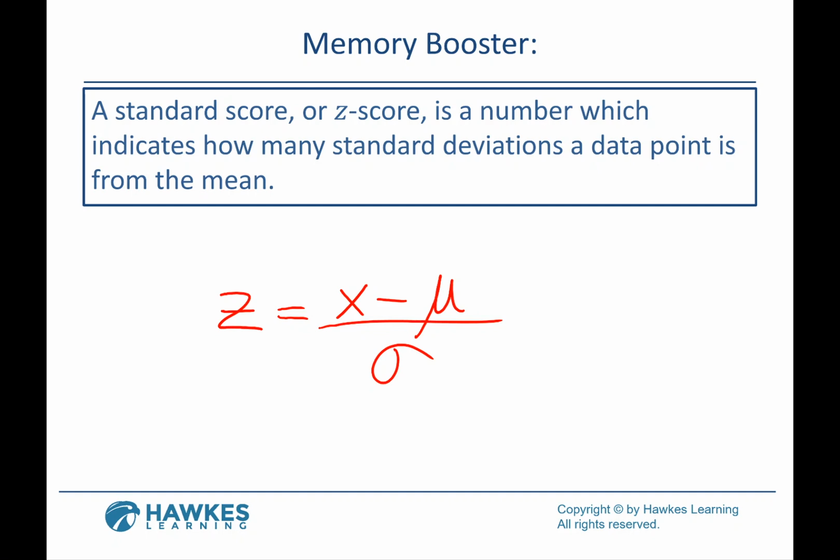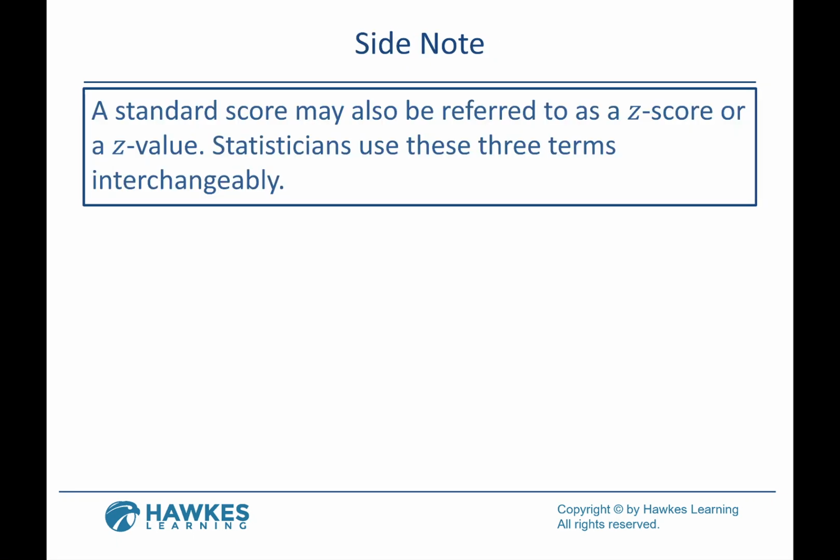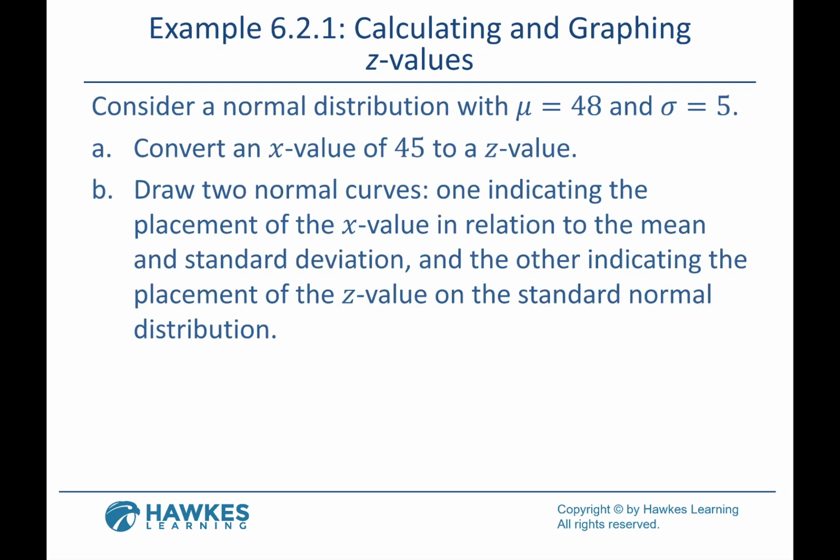Okay, so let's look at how this is going to work. Let's look at this. So this gives us numbers for a normal distribution. It says consider a normal distribution with a mean of 48, standard deviation of 5.